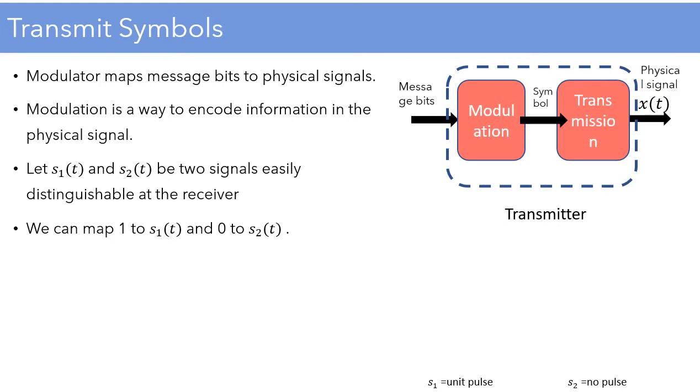Suppose we have a bit which can only be 0 or 1. We need two different types of signals. We send one signal corresponding to 0 and one signal whenever we want to send 1, and the receiver should be able to distinguish whether it has received the first signal or the second signal, and that is how it knows whether 0 or 1 was transmitted.